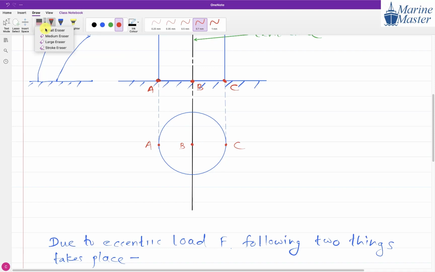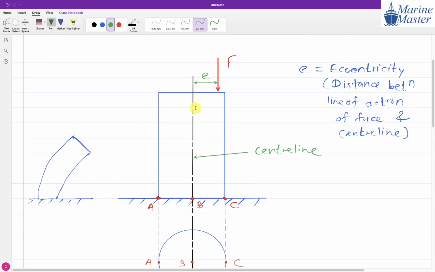Now one more thing. On this cross section view, what does this line indicate? The center line of the column.